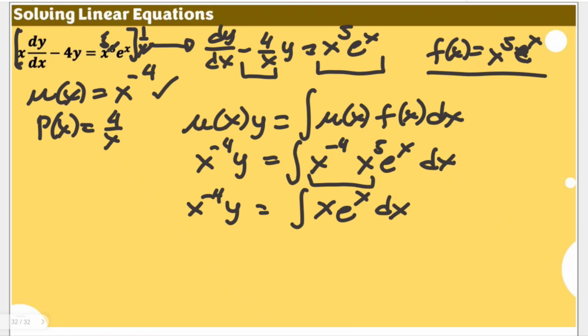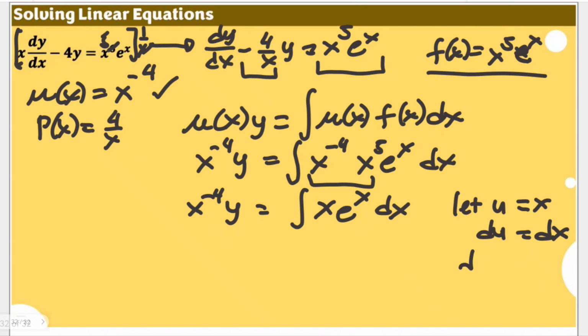As discussed before, there are considerations as to which function will be used as u and which as dv, because we have the mnemonic LIATE. In this case, we're going to let u be x, so du is simply dx.